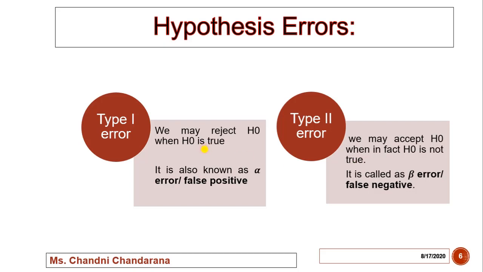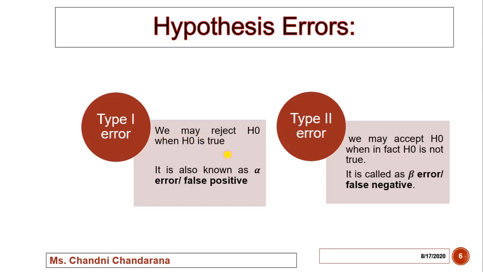Type 1 error means rejection of a hypothesis which should have been accepted. Type 2 error means we are accepting the hypothesis which should have been rejected. So this is the difference between type 1 error and type 2 error.